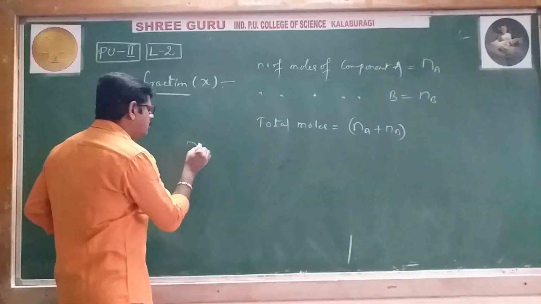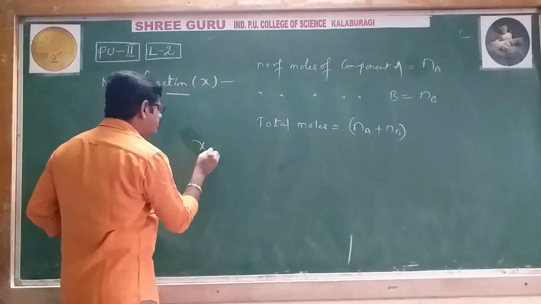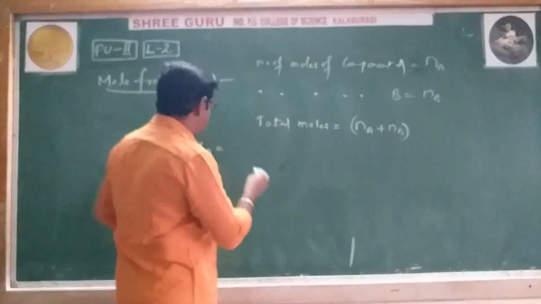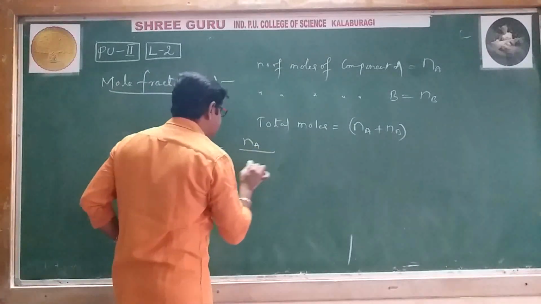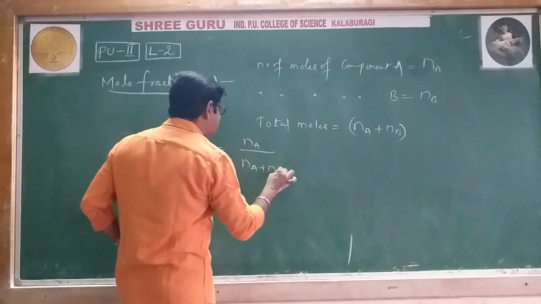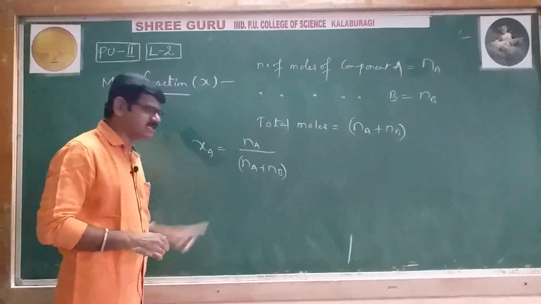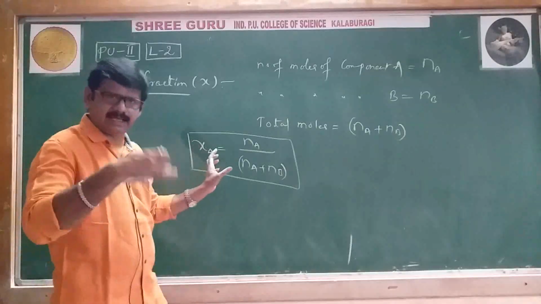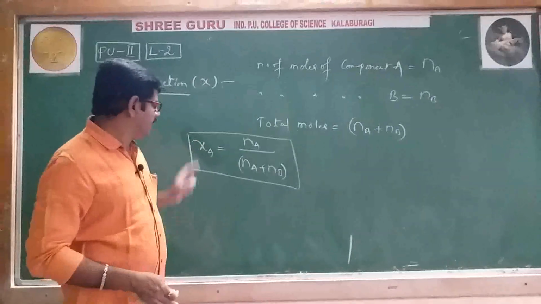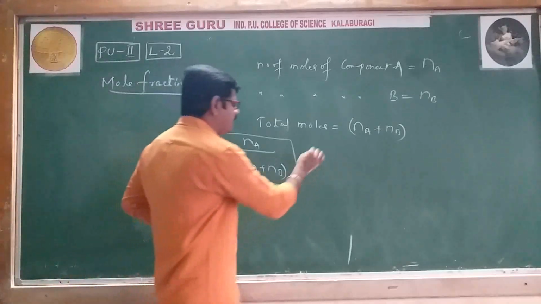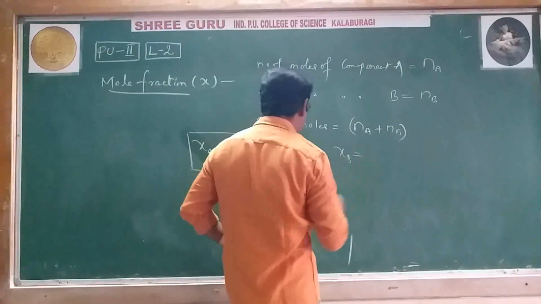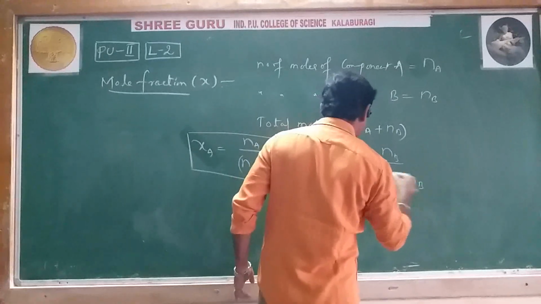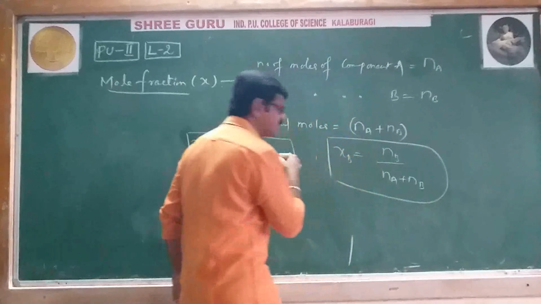Mole fraction of A, XA. The formula is number of moles of A divided by total number of moles of all the components. That is the formula for mole fraction. It is the mole fraction of A component, and the mole fraction of B component is Nb divided by Na plus Nb.